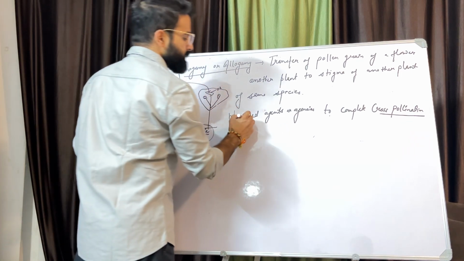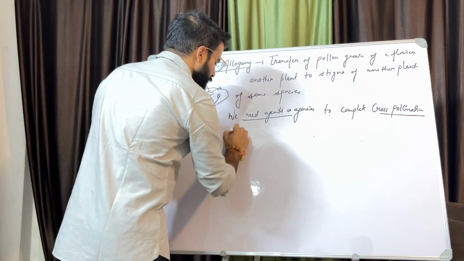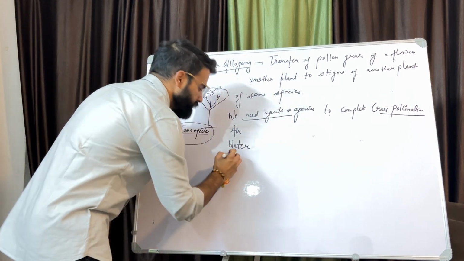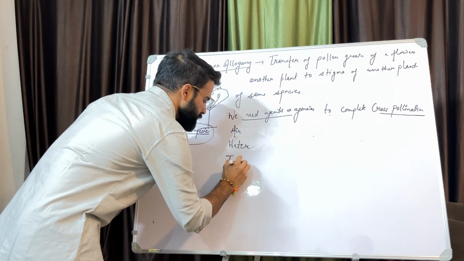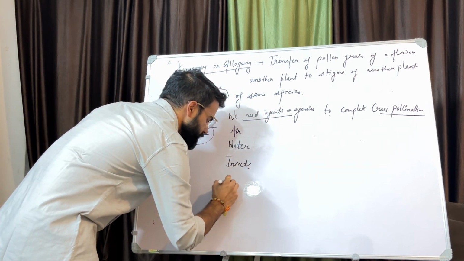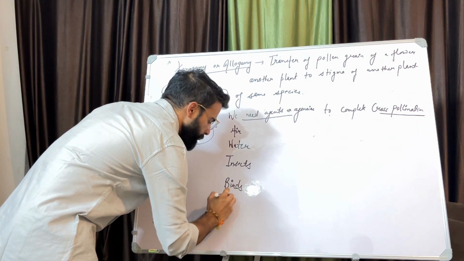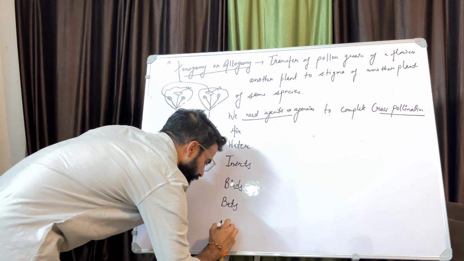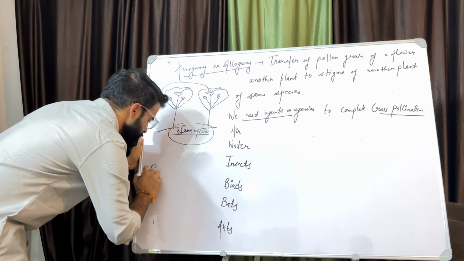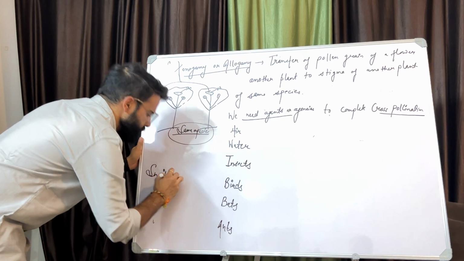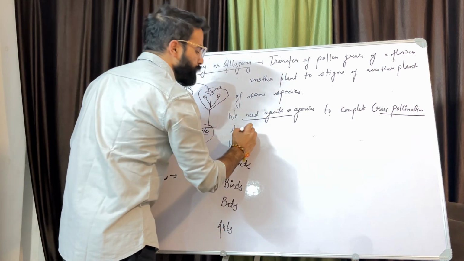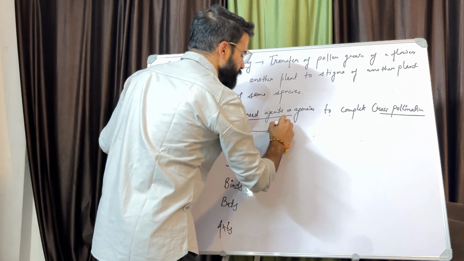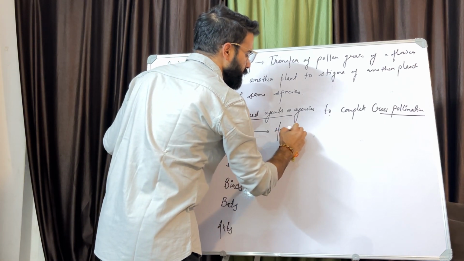So what are these agents? These are air, water, insects, birds, bats, ants, and snails. So pollination by air is known as anemophily.